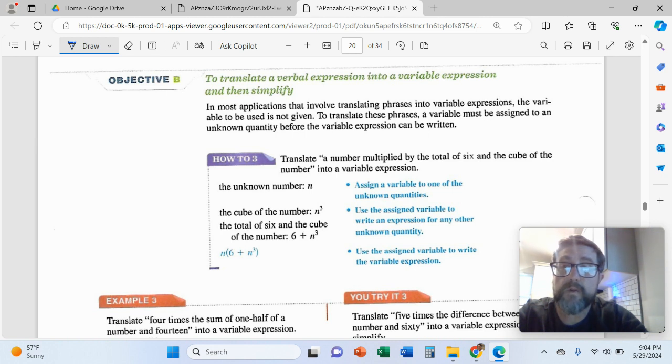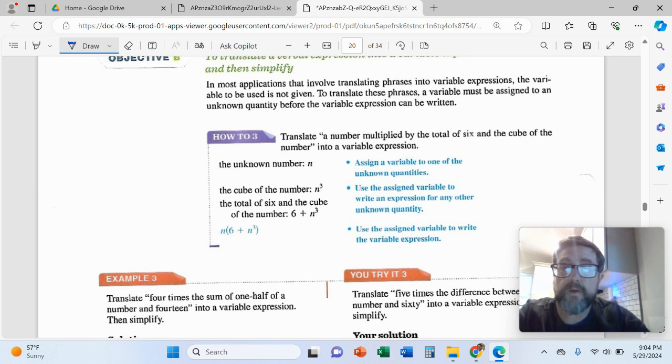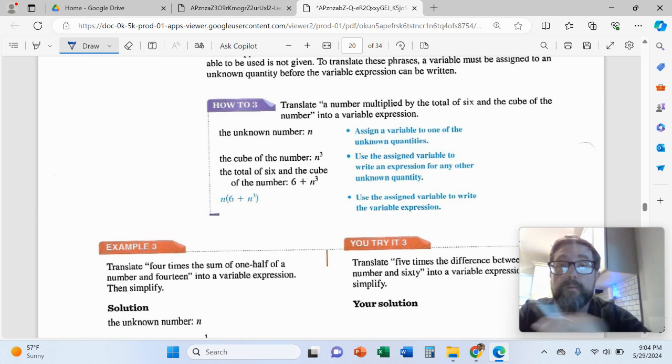To translate these phrases, a variable must be assigned to an unknown quantity before the variable expression can be written. Oftentimes I just use x or y, but sometimes you use a or you use the first letter. That's what we did in class a lot this year when we were doing people's names, like Bill is 7 years younger than Jill or whatever.